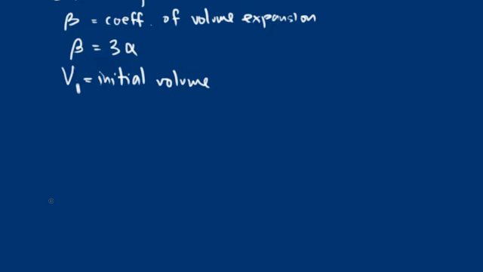But for gases, we use the ideal gas equation. We are very much familiar with that one because it is discussed in your third year chemistry, and I believe it is also discussed in your third year physics.